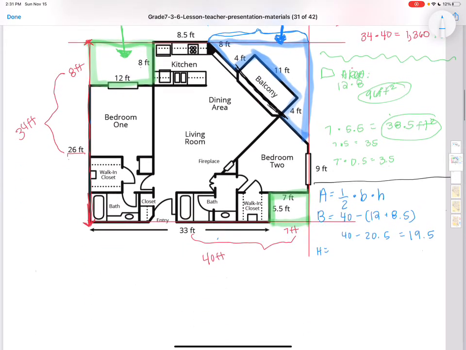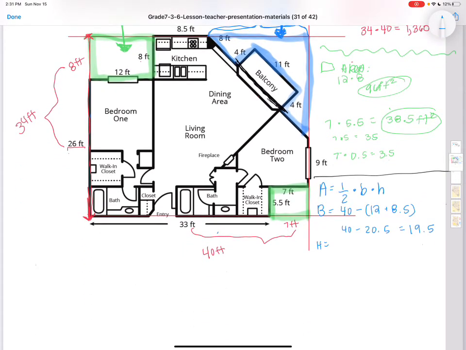So I want to say, okay, 34. In this case, I have 9 and 5.5. We're going to subtract that 9 plus 5.5, which is what's given to us, because remember, you have to understand how rectangles are constructed.